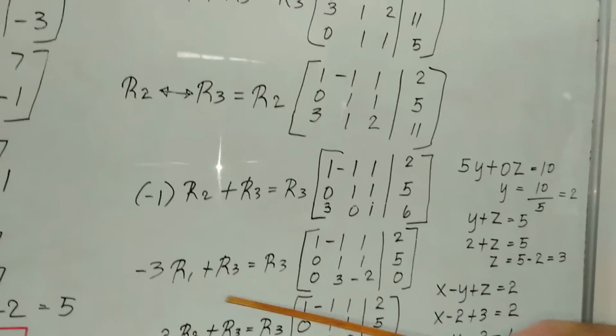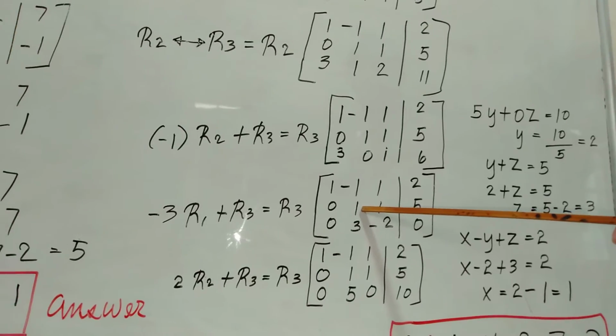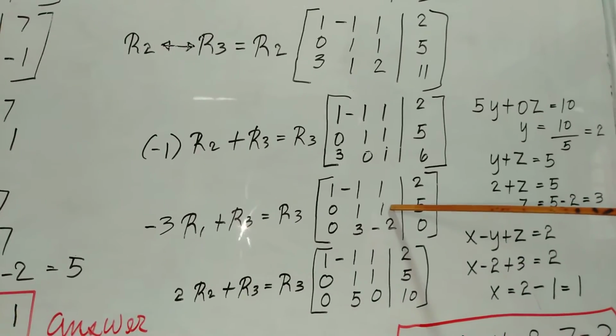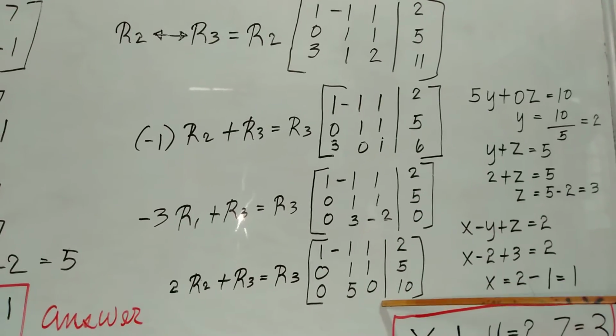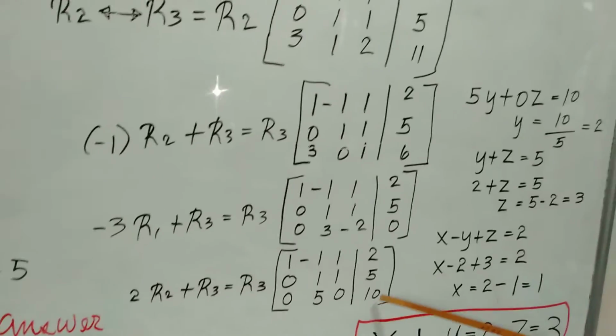So 2 times 0 is 0. 2 times 1 is 2, plus 3 is 5. 1 times 2 is 2, plus negative 2 is 0. As you can see now, we have a simplified form of equations.